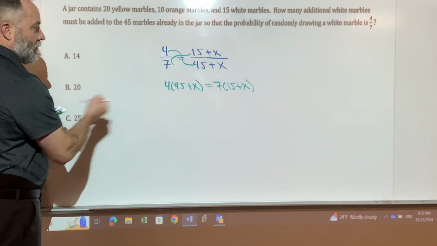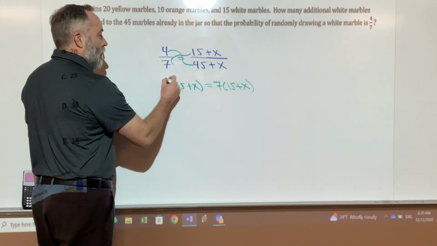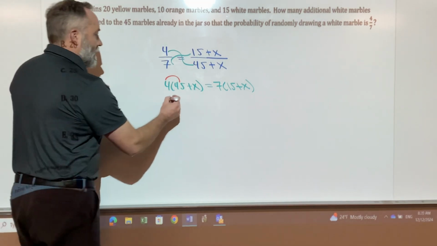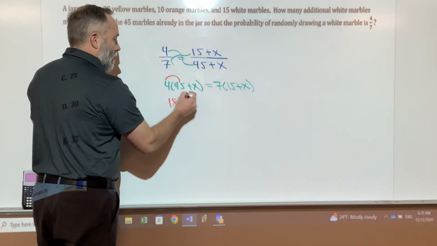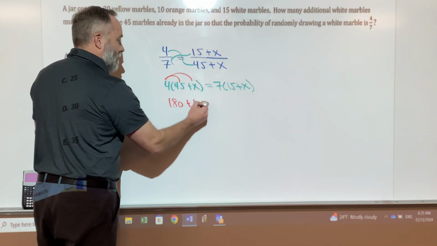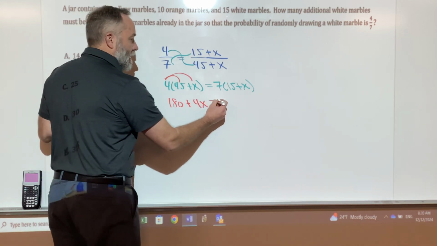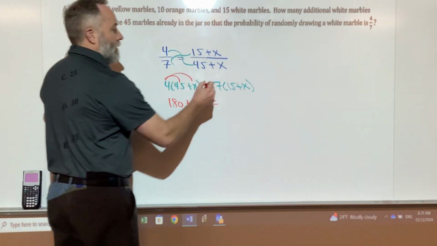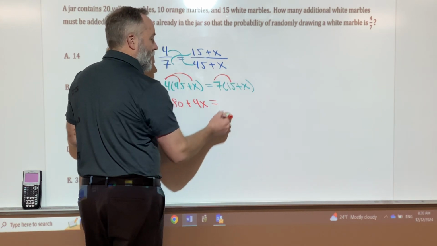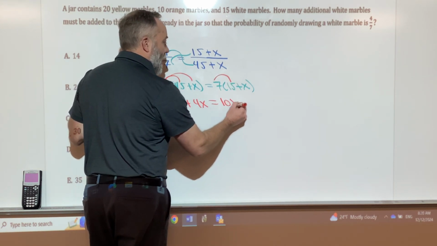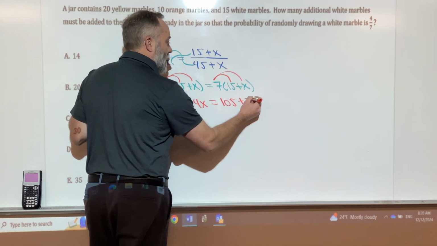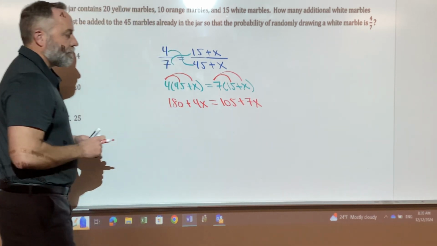So we would just distribute the 4 on the left side. 4 times 45, again, use a calculator if you need to, but that's 180 plus 4 times x is 4x, is equal to, doing similar on the right side, 7 times 15, which is 105. Again, calculator's an option. And 7 times x, which is 7x.